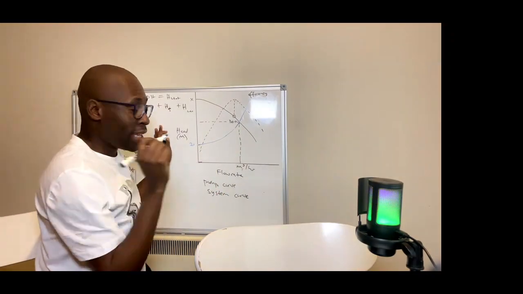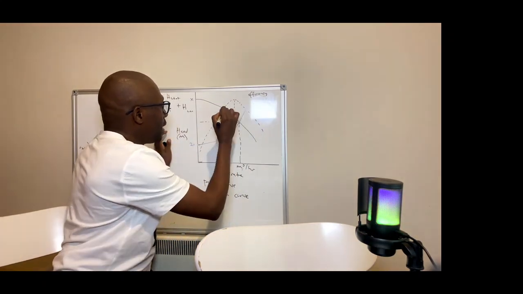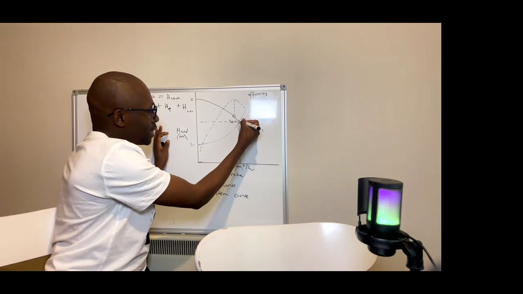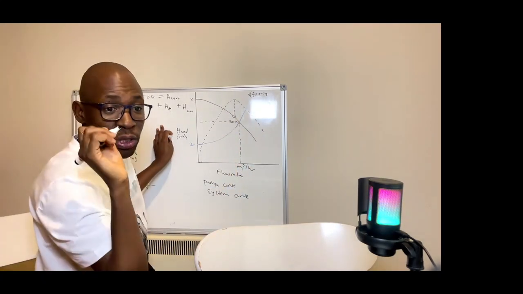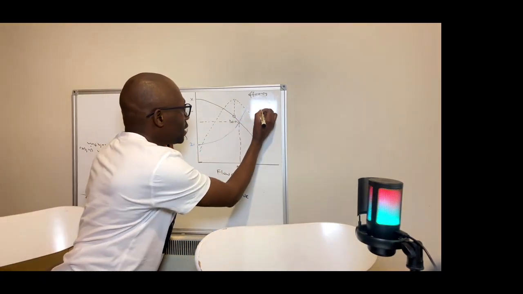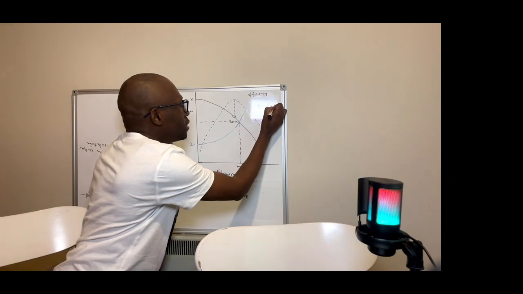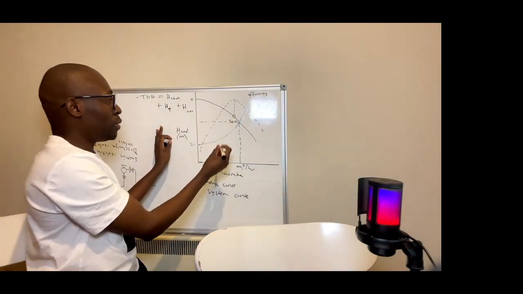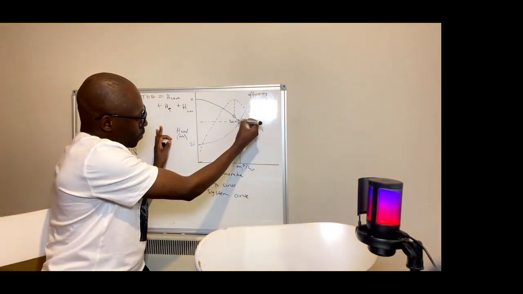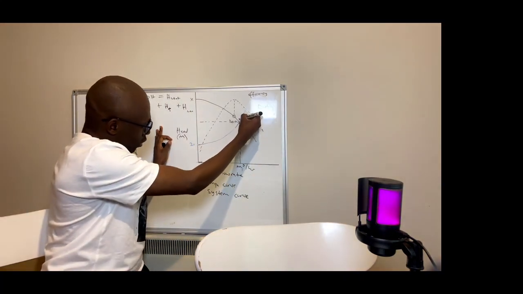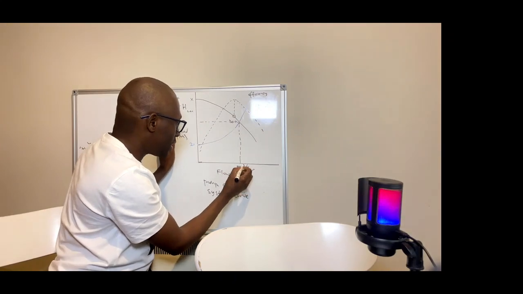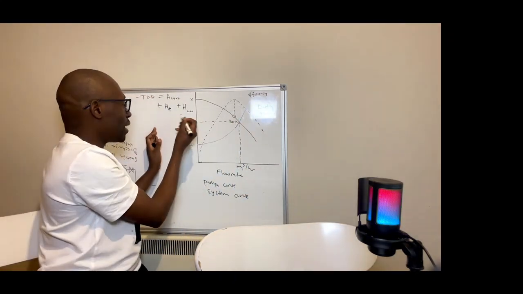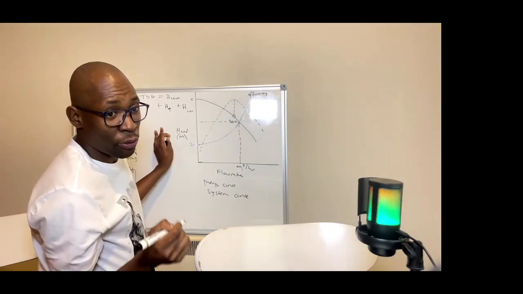So that's the duty point. This is where your pump should be operating from. At that duty point, if you go down, you can get the flow rate. Then if you go to the left side, you can get your head at the duty point.